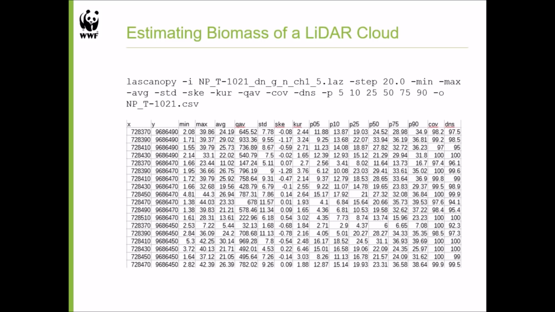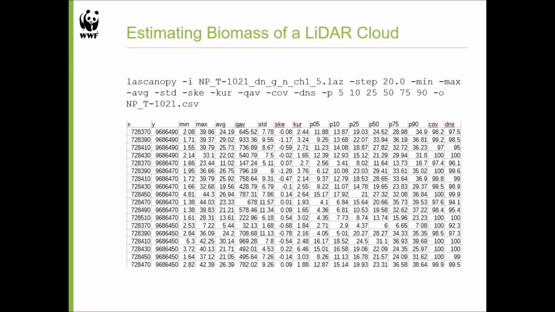That is, each cell of the transect will have 20 meters side, okay, and then it will calculate the metrics for each piece of LiDAR cloud in each cell in a way to allow us to estimate the biomass, and it will calculate the same statistical parameters that we use in the parcel and generate a CSV file.